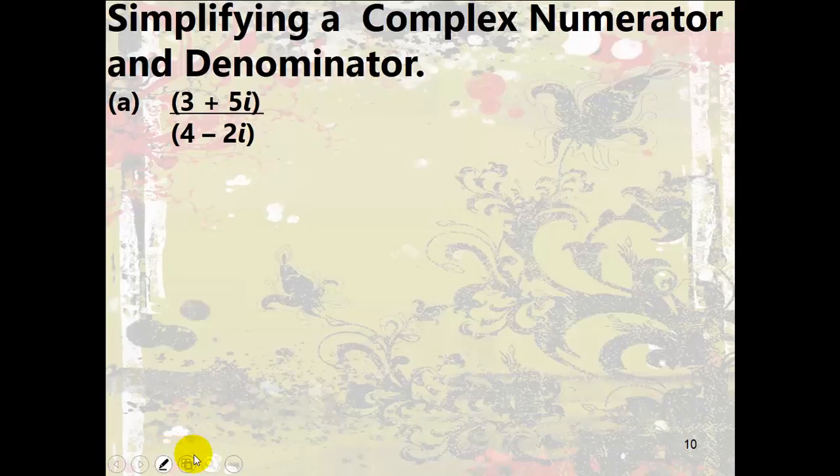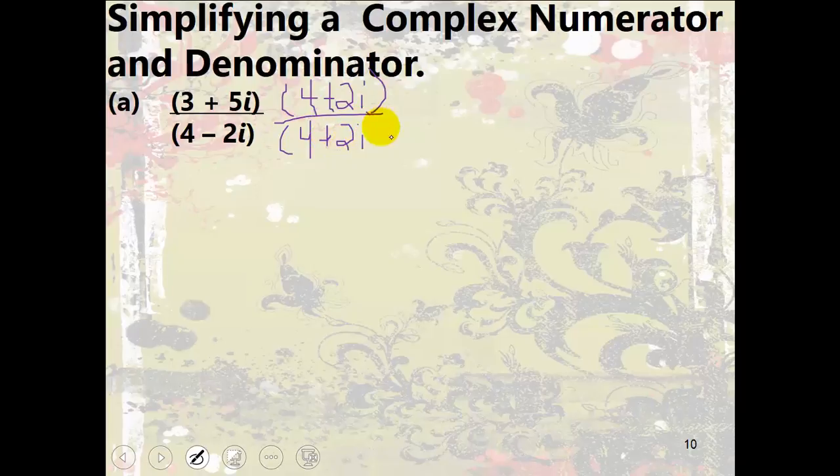So I'm going to multiply this by 4 plus 2i over 4 plus 2i.